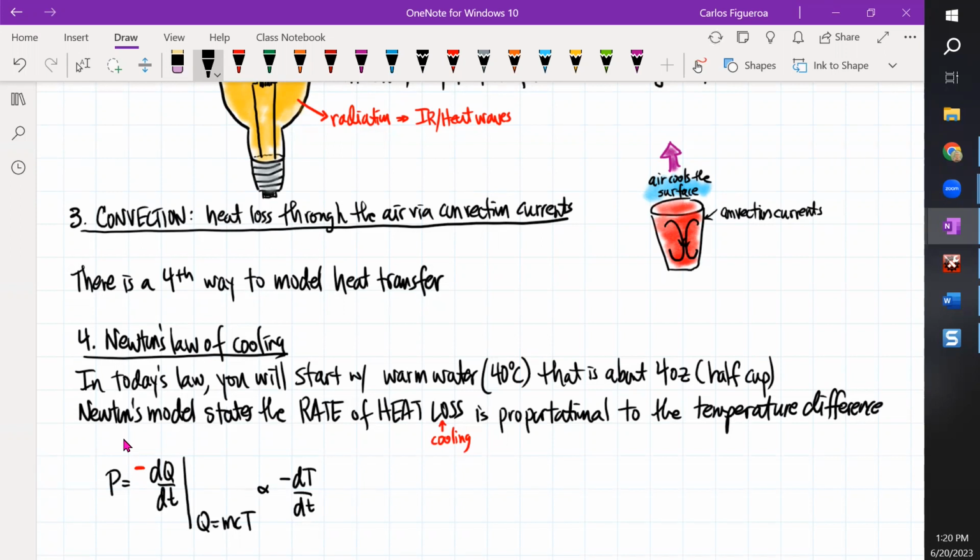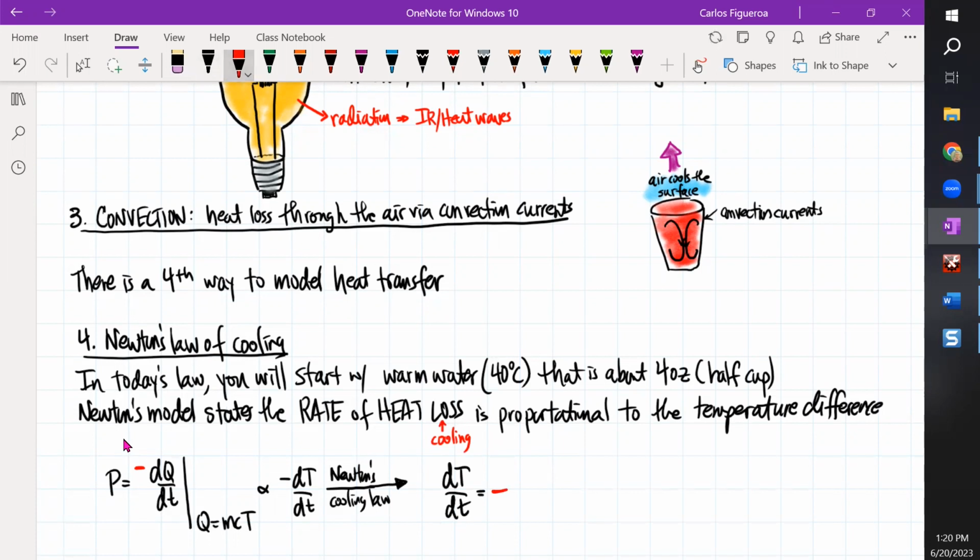And now if I go to Newton's cooling law, it says this temperature difference is, you know what, I'm going to take that minus sign out and put it on the other side.